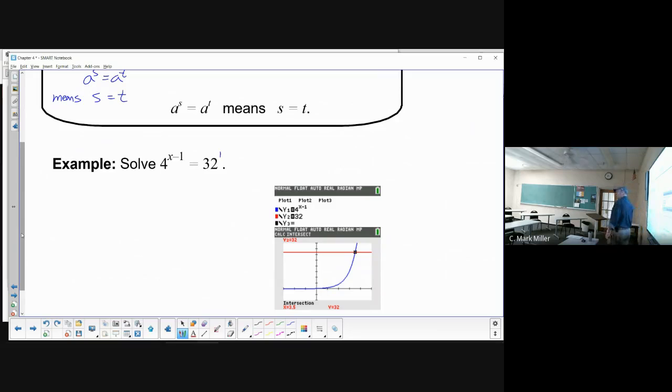4 times 4 is 16. Times 4 again, which is 4 to the third, is 64. 4 to the 2 is 16, 4 to the 3 is 64, so it's going to be between 2 and 3.